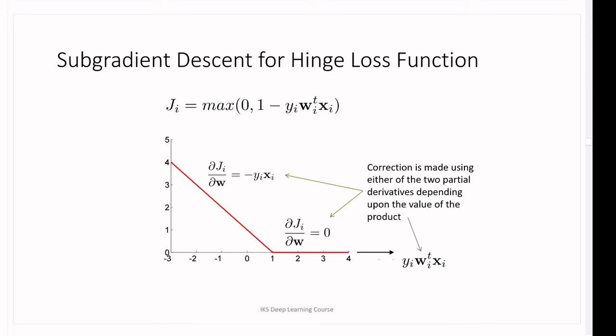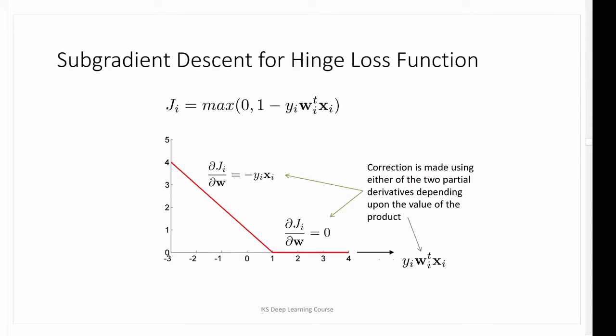And the idea of subgradient descent, without going into the mathematics, is very simple. If you are sitting on the slanted line, then you use the expression as shown here for calculating the gradient. And when you are sitting on the flat or horizontal line, obviously the gradient is 0.